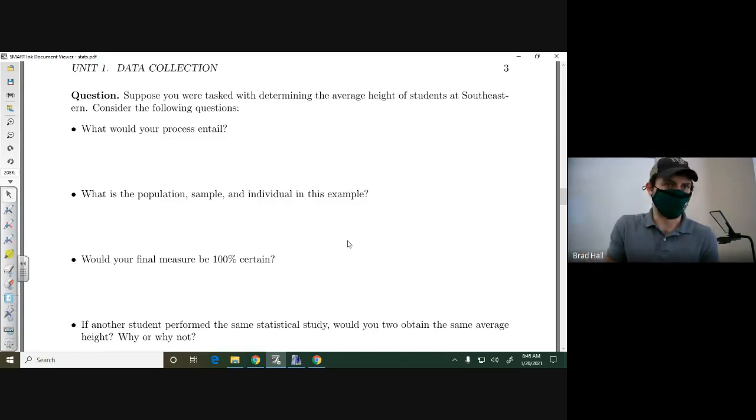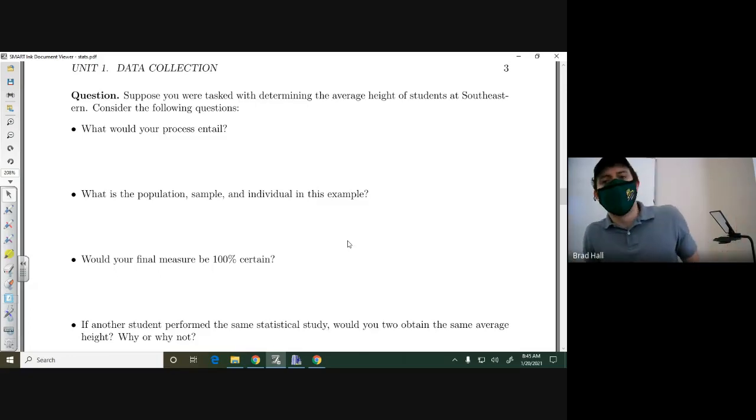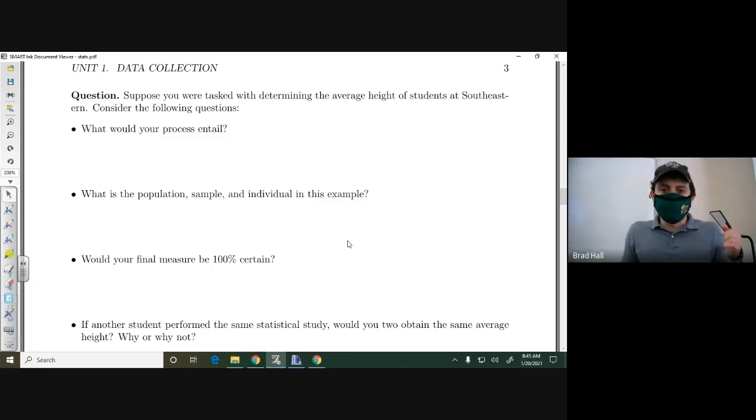And then that number that you get, let's say it's like the average height in the US, 5'6", 5'5", or something. I don't know. Let's say you got 5'7".